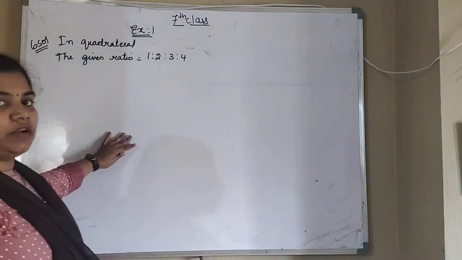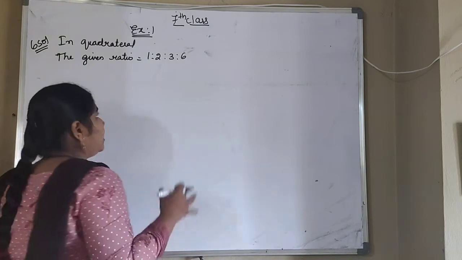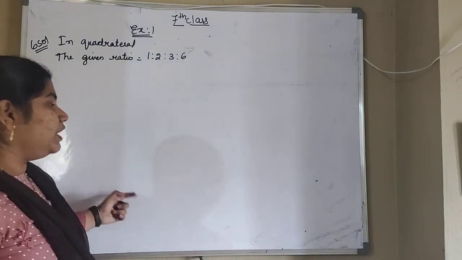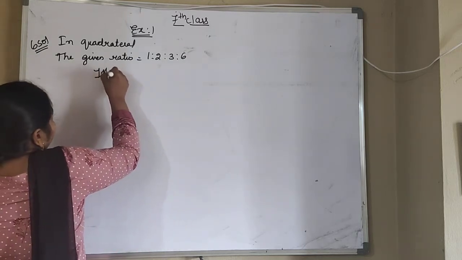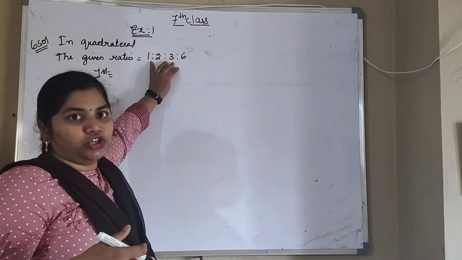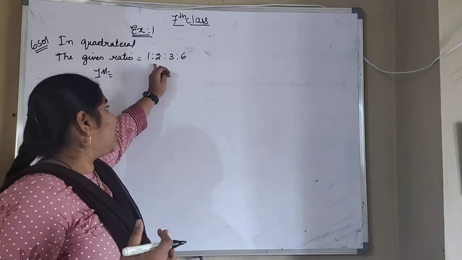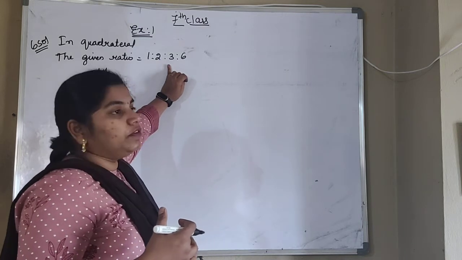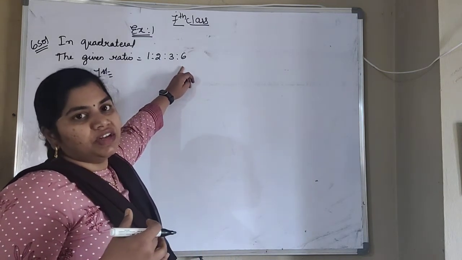With these ratios a quadrilateral will not be formed, it seems. Okay, so why it will not form, we will see. The angles will be in the form of multiples of these ratios. The first angle will be a multiple of 1, the second angle a multiple of 2, the third angle a multiple of 3, and the fourth angle a multiple of 6.